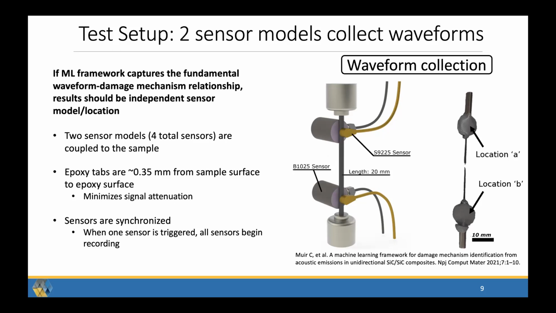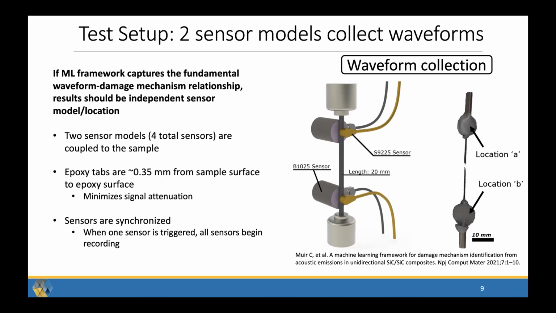One of the things we found is that with acoustic emission, if there's too much attenuation in the path the signal takes from the emitting damage mechanism to the sensor, it can really make identifying that signal difficult. And one of the things that can cause a lot of attenuation is the epoxy that couples the sensor to the specimen.